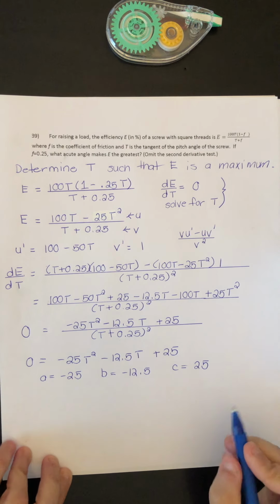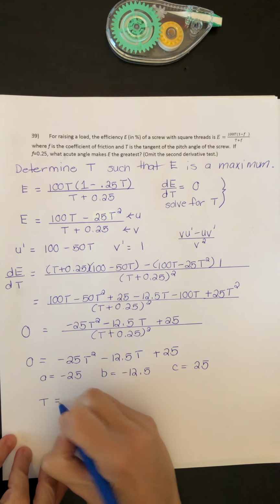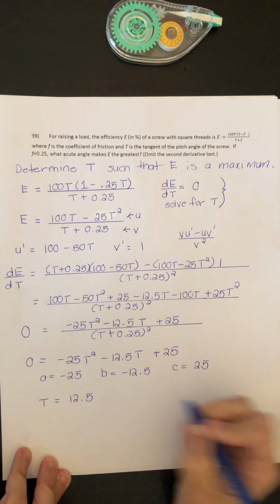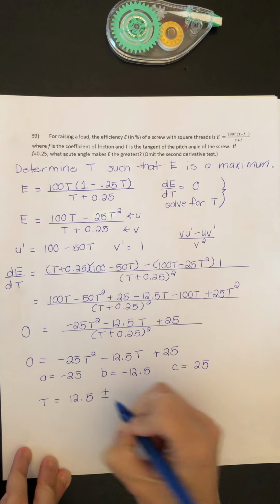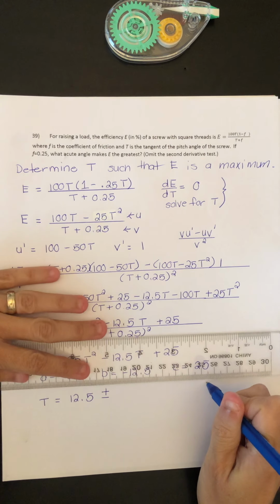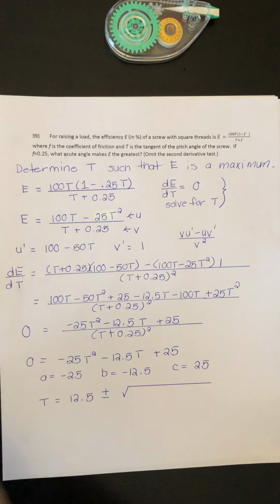And so I plug into the quadratic formula to find t. So you know how this goes, negative B, so that'll be positive 12.5, plus or minus the square root of, now we do b squared minus 4ac.